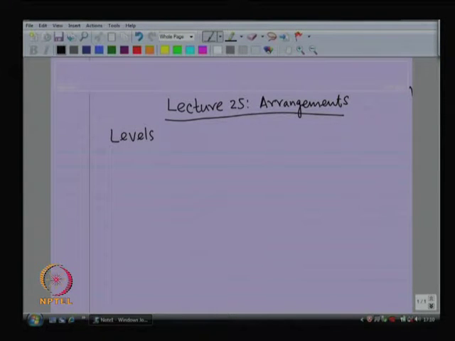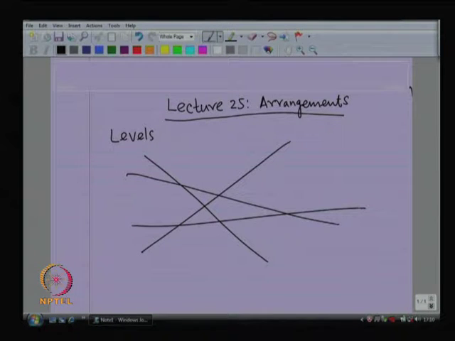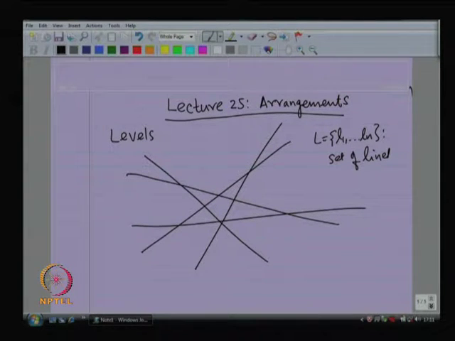So, again if you take a set of lines, the label of a point.